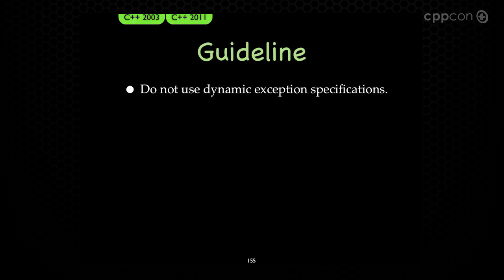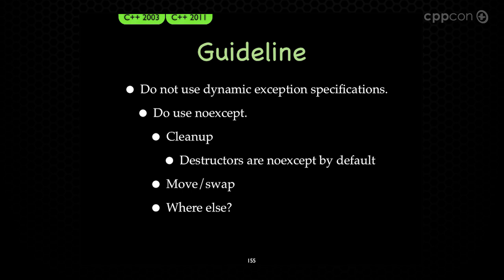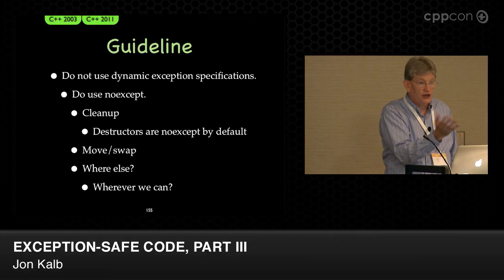So our guidelines are: do not use dynamic exceptions. Do use noexcept. Use it for cleanup. Use it for destructors, or no fault, and move, swap, where else? So there's different ways to think about this. You could say wherever we can. You could look at code and say, hey, this function never does anything that throws, so should I say noexcept on this function?